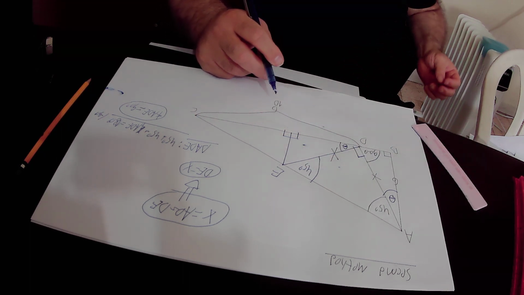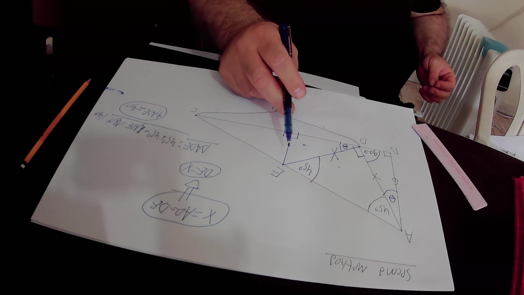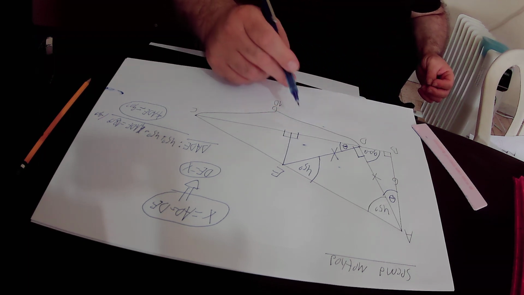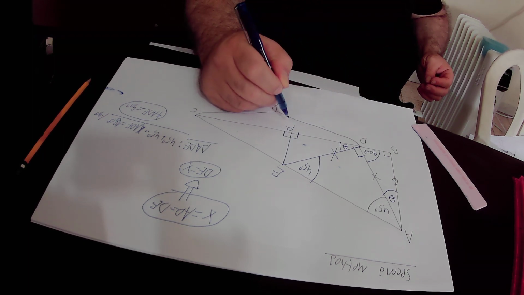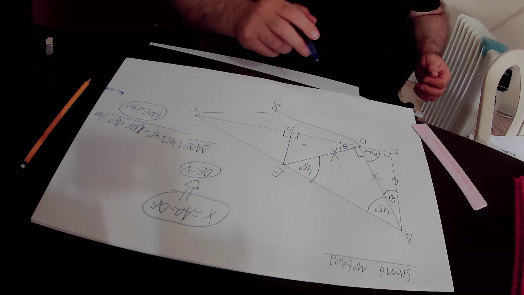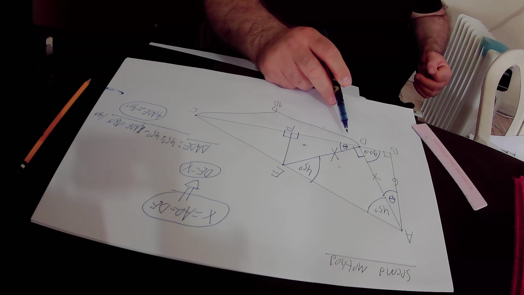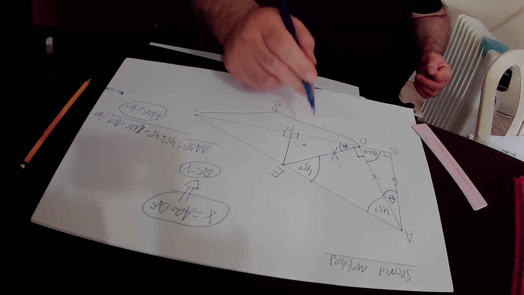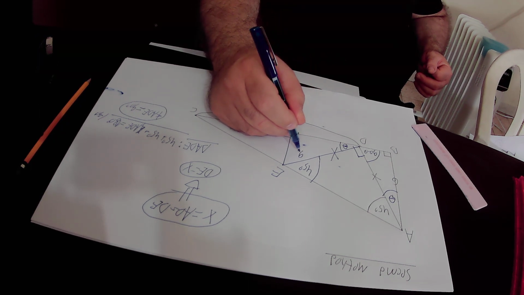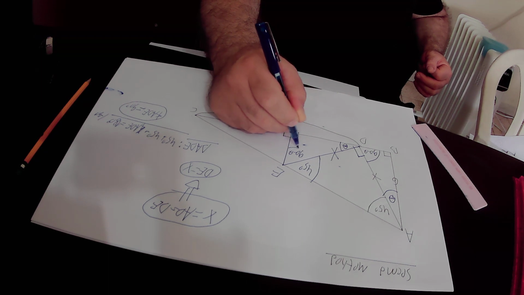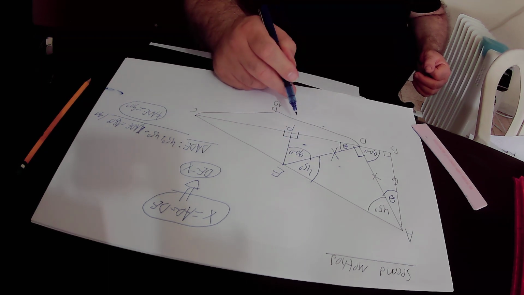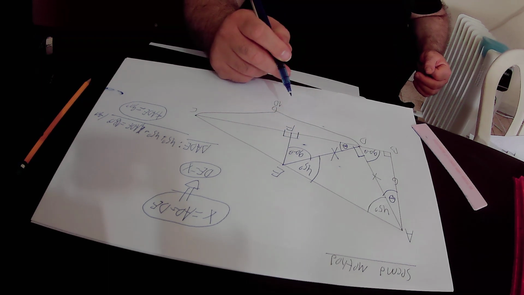We will define the touching point of the perpendicular from point E and BC as F. So in the right triangle EFD, this angle equals theta, so this angle must be equal to 90 degrees minus theta in order to complete the sum of the angles in this right triangle to 180 degrees.